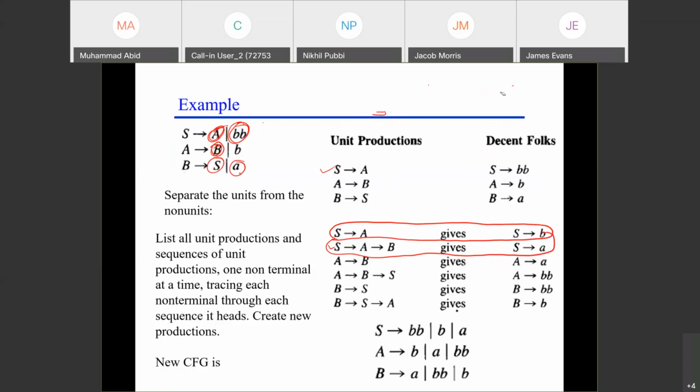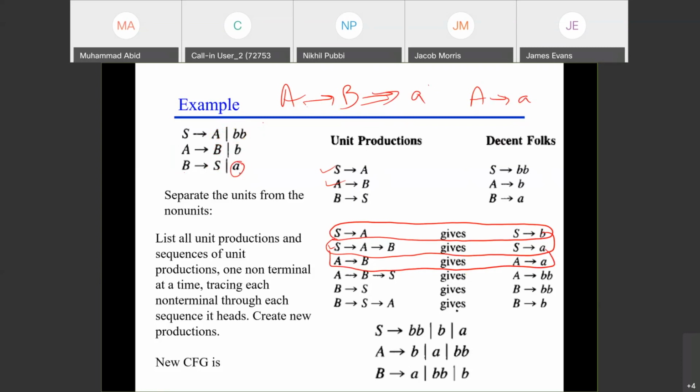Okay, very good. So now we check the second production rule. A can be replaced by B, and B can be replaced by small a. So this will give you A can be replaced by a. Yes. So if you have this production rule, this will give you this new production rule if you delete this.